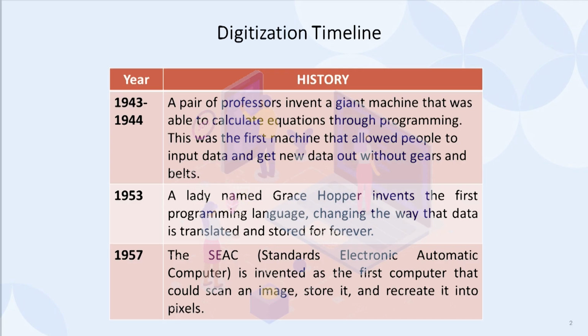Then in 1957, SEAC, the Standards Electronic Automatic Computer, was invented as the first computer that could scan an image, store it and recreate it in pixels. Pixels are points, and depending on the number of pixels the picture quality increases or decreases, and the storage space required changes accordingly.